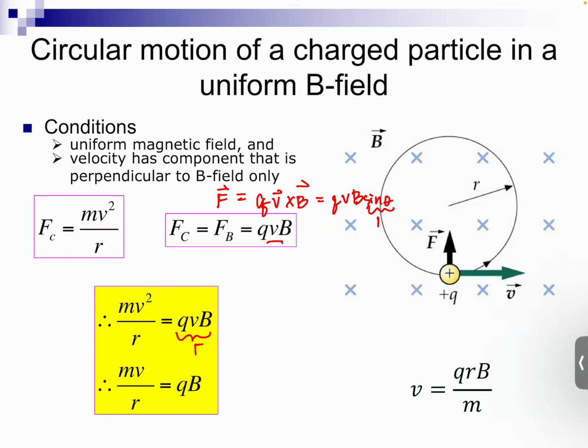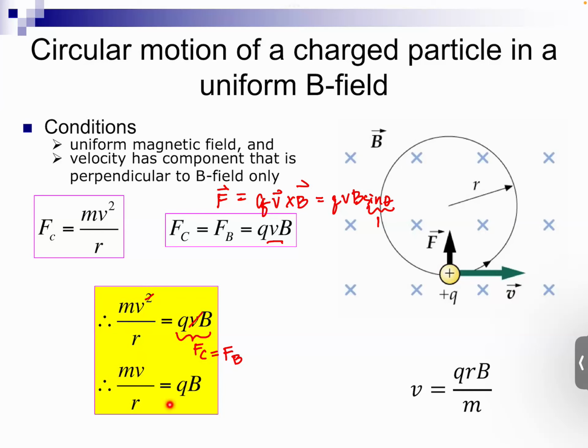So this is the centripetal force Fc, which is provided by the magnetic force qvB, and mv squared over r is carried over from there. We're talking about the same charge undergoing the circular motion, so this speed v is the same as that speed v, and one v cancels out.